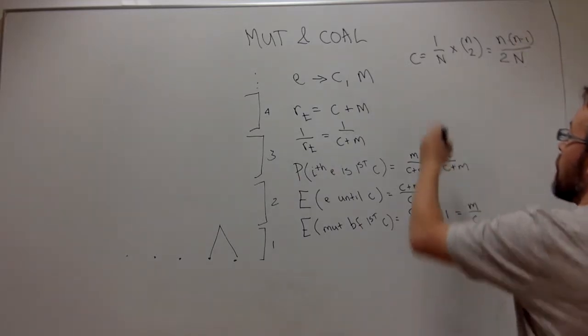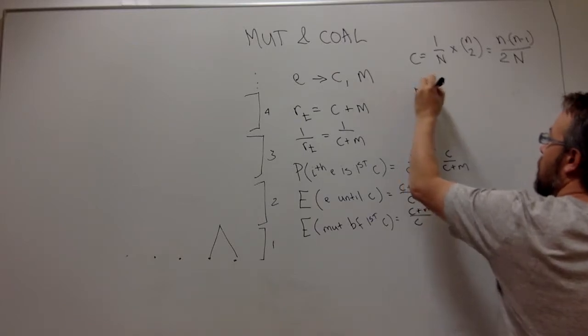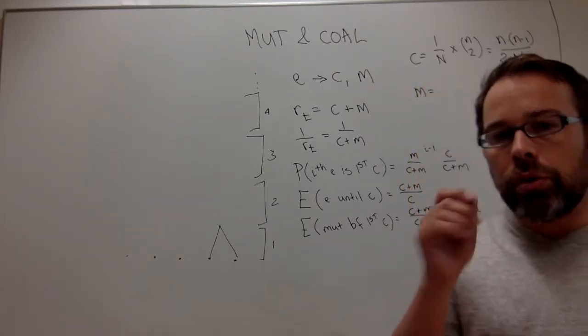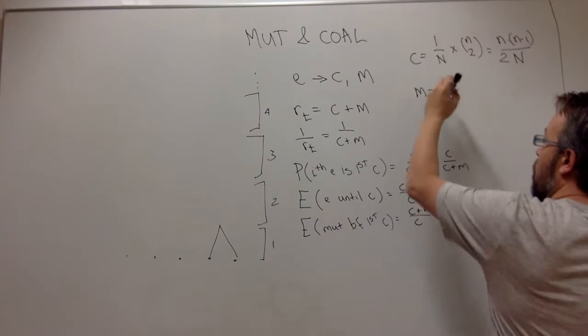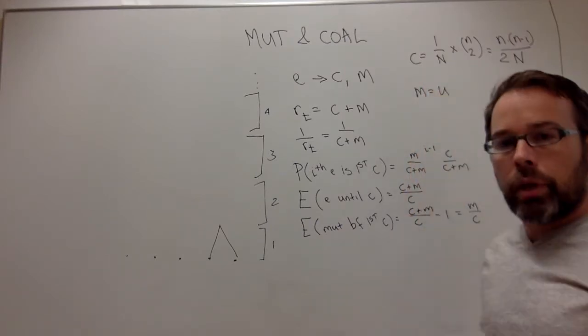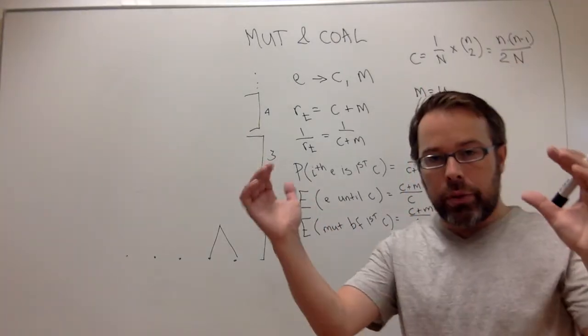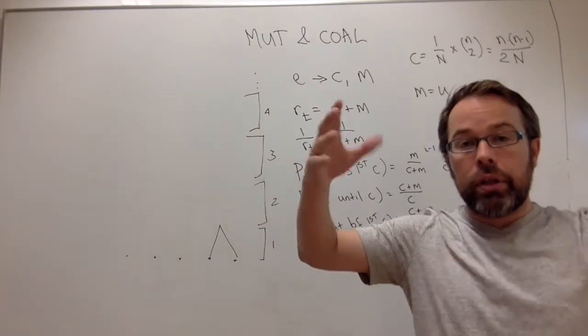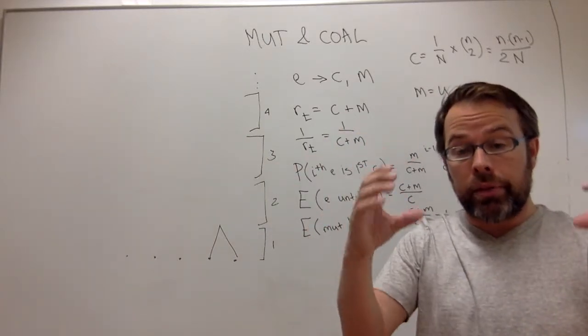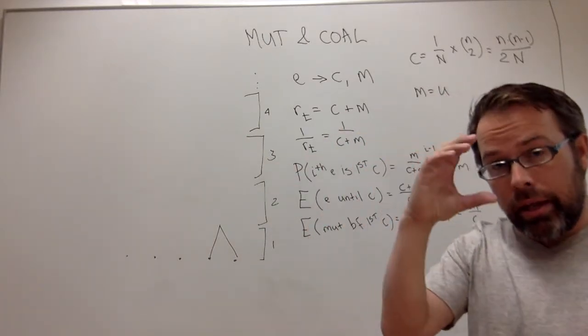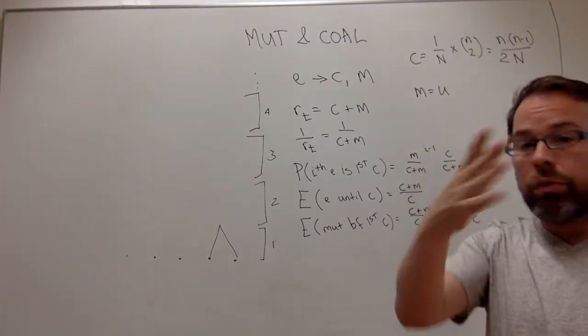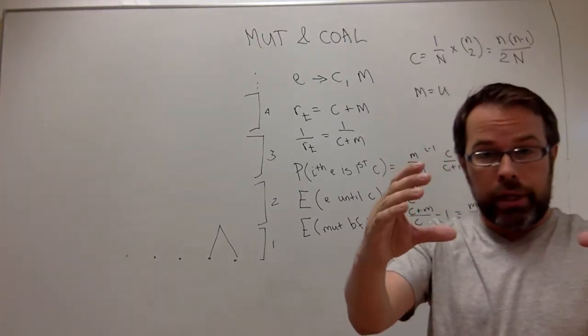Well, what's our mutational rate? Let's just call the mutation rate for our whole locus u. So that would mean for the whole sequence that we're studying, we're not studying an infinite sequence, we're not studying a hypothetical sequence, we'll be studying a single sequence of length 724 nucleotides or whatever.